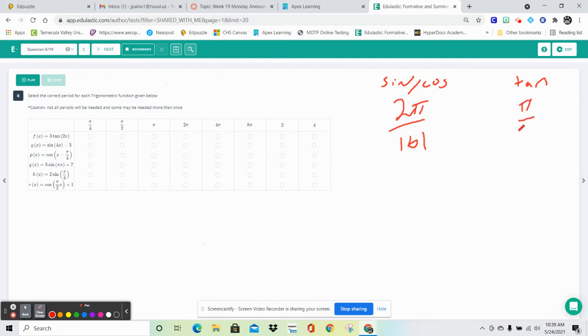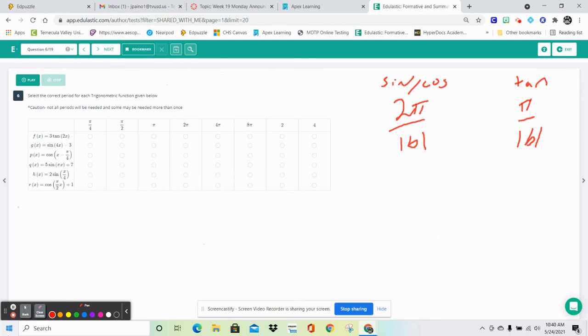And that's how you find your periods. Again, b is the number being multiplied to your x minus h, so the b will be in the parentheses.